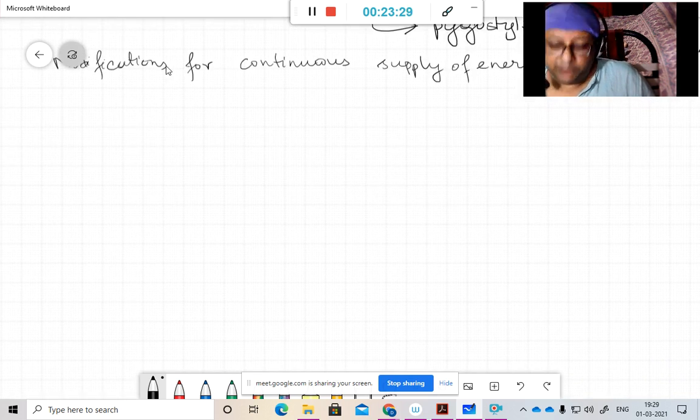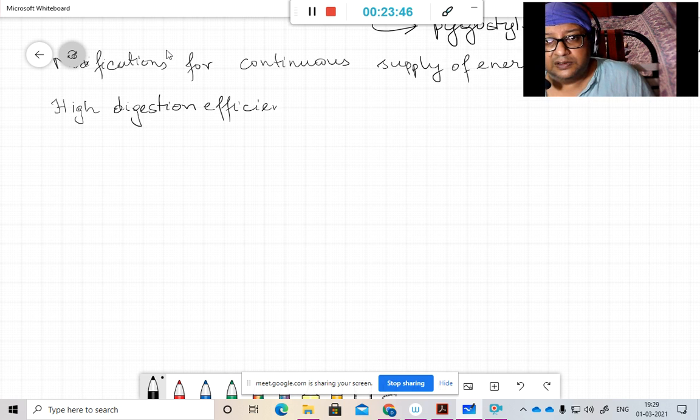Now what are these modifications? They have got a high digestion efficiency.